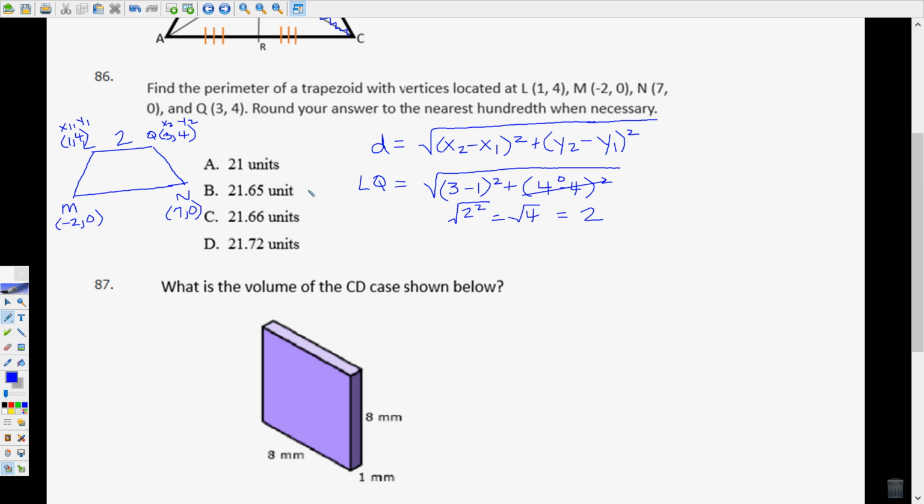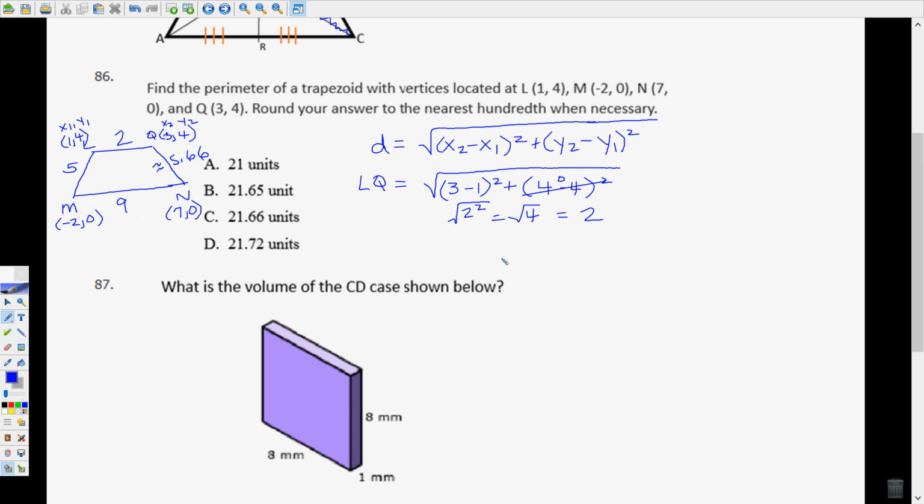So you go about doing that for each of the sides. You pick your x1 and your y1, you plug them in, and you find the length of each side. And when I did that, LM was 5, QN was approximately equal to 5.66, and MN was 9. So test those out in the distance formula, make sure you get those lengths.